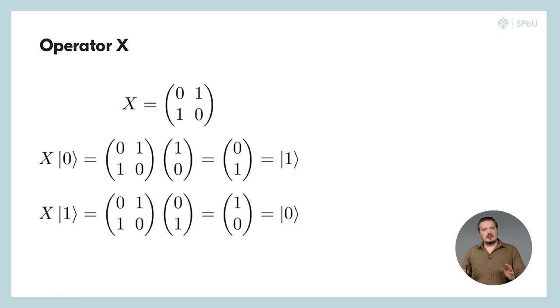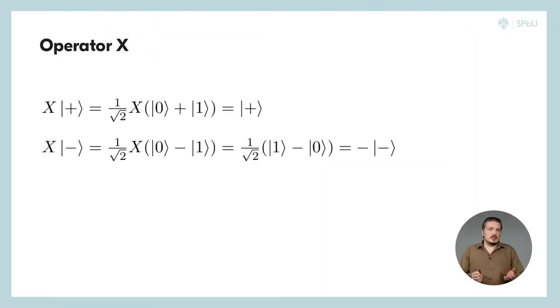Now let's consider the operator called X. You can see its matrix on the slide. This operator is very useful and important in quantum computing, since it is a quantum analog of the classical gate NOT. If you apply X to vector 0, you obtain 1, and vice versa. So what are the eigenvalues and eigenvectors of this operator?